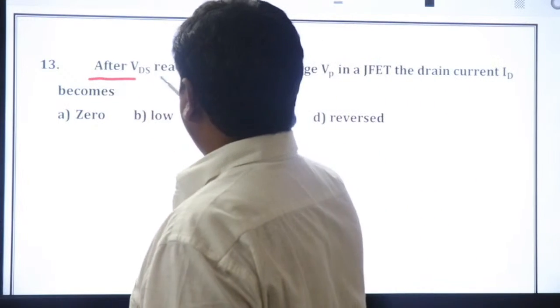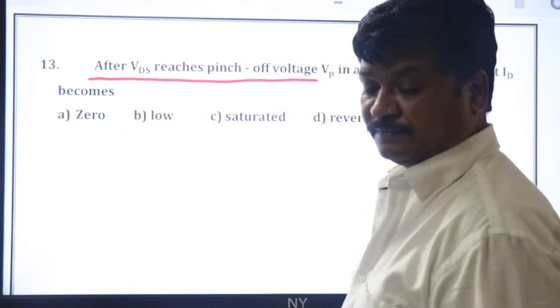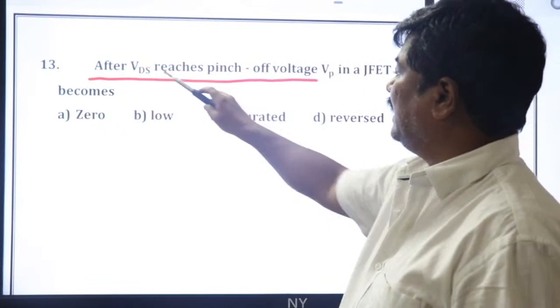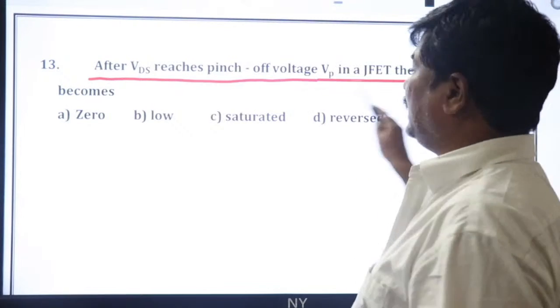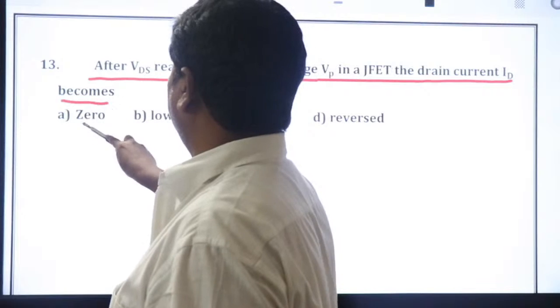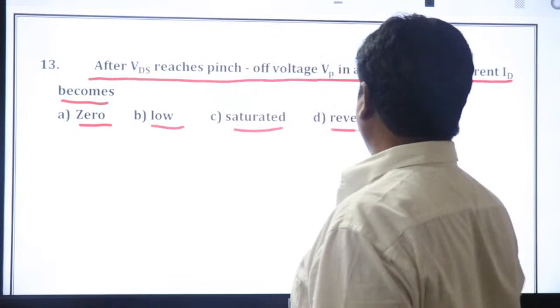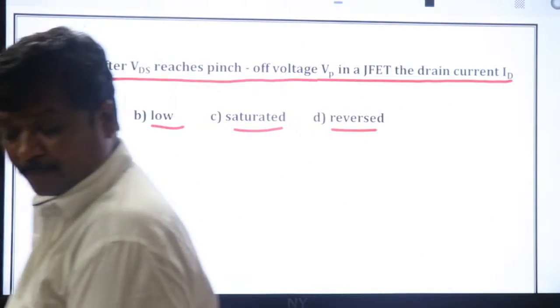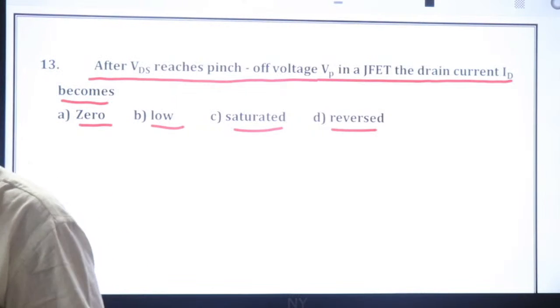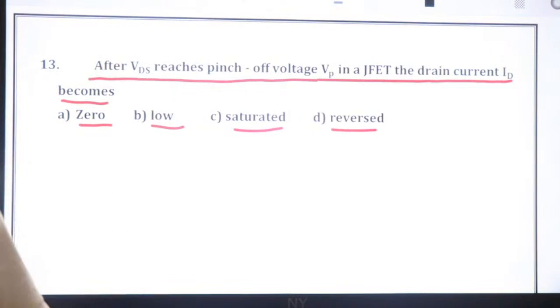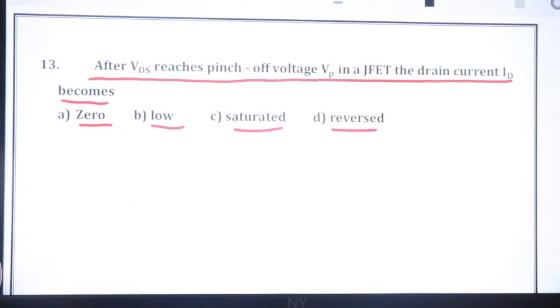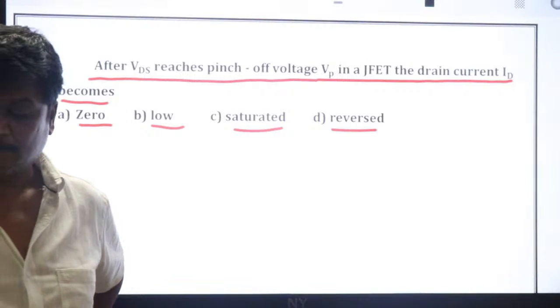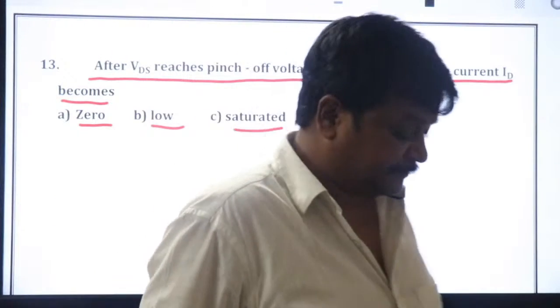After VDS reaches pinch off voltage VP in a JFET, the drain current ID becomes: 0, low, saturated, or reversed. What would be the answer?